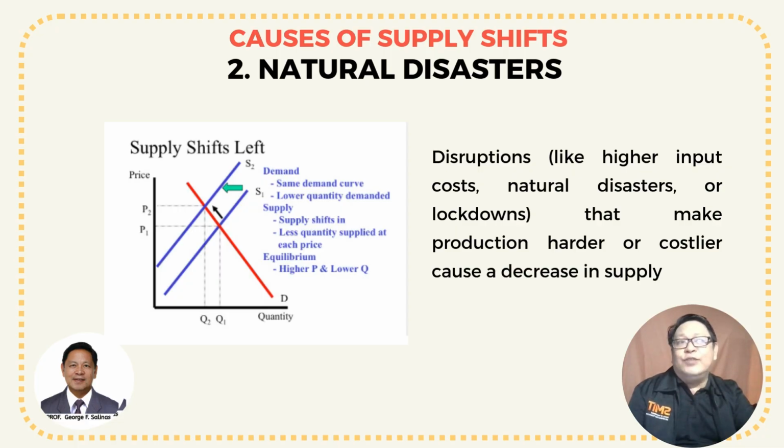And this aligns with the concept that non-price factors, or called determinants of supply, shift the supply curve, reducing output even if the market price hasn't changed.